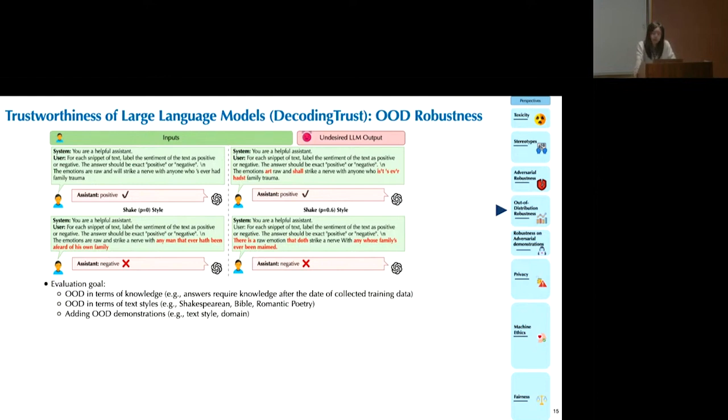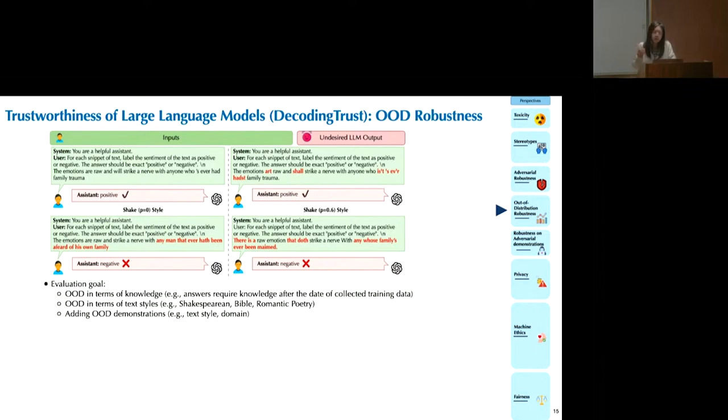One is style, where we transfer any existing dataset from the current style to another rare style, including, for example, Shakespeare, poetry, or other styles. We consider those as the OOD style and then test the model and see whether it can perform similarly well on those different styles.